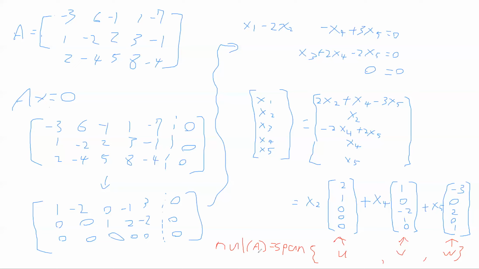Now, if you keep going on the notes, the last theorem, theorem 13, says the pivot columns of matrix A form a basis for the column space of A, right? So furthermore, we found that column 1 and 3 are our pivot columns.